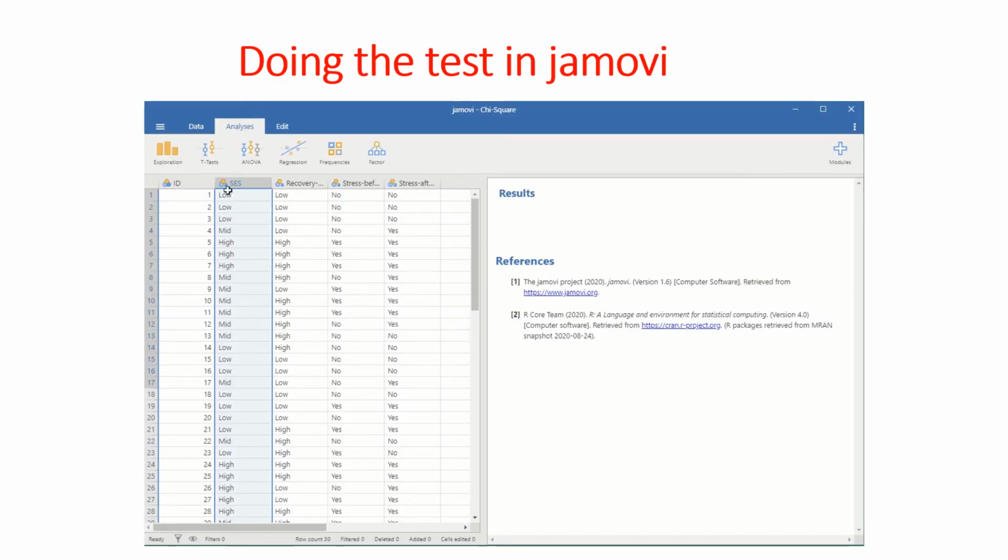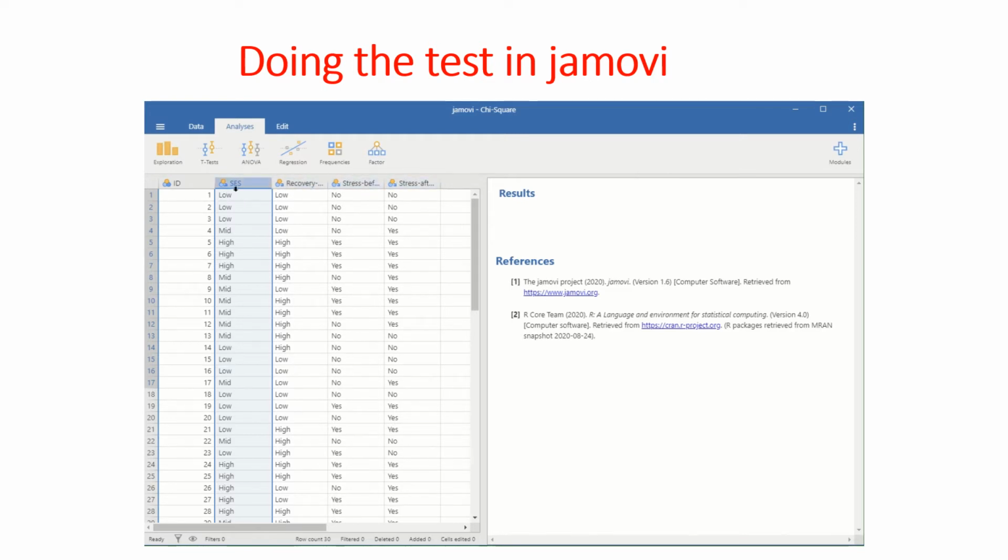Okay, I loaded the data into jamovi. This is the same data, where we have four categorical variables. SES stands for socioeconomic status, and then we have other variables which we will work with later on.